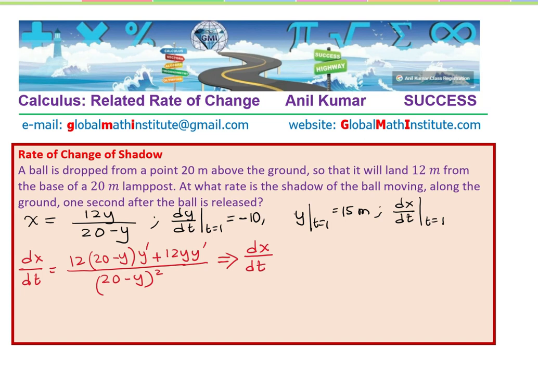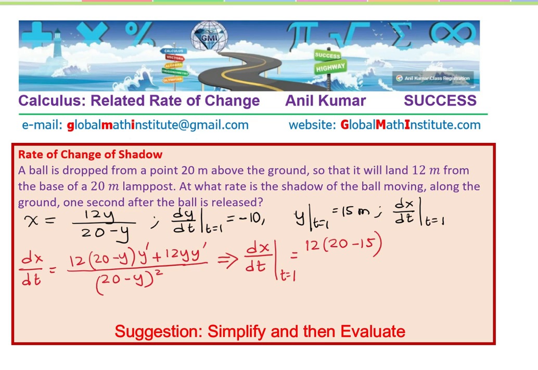So dx/dt when t equals 1 is equal to what? We'll plug in the value of y as 15 and dy/dt as minus 10 in the whole expression, correct? So we get 12 times (20 minus 15) times y prime, which is minus 10. We can take minus 10 common.